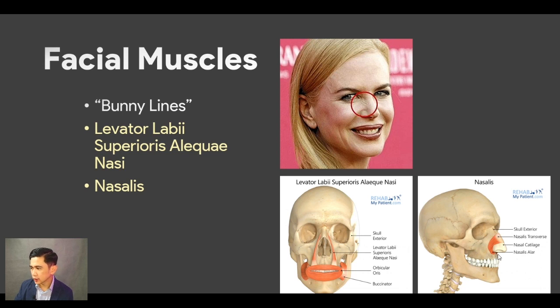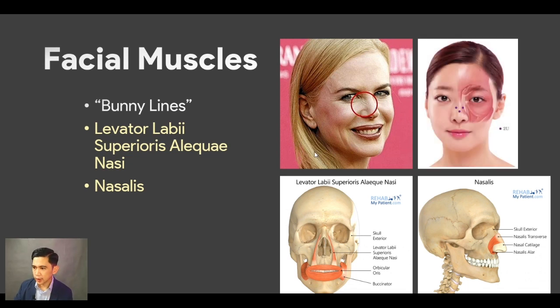The nasalis is a muscle that surrounds the nose, and the levator labii superioris alaeque nasi is a muscle connecting the lips and the nasal bridge. So both of them will produce the wrinkle in our nose. Now, to minimize or get rid of the bunny lines, we tend to paralyze these two muscles.